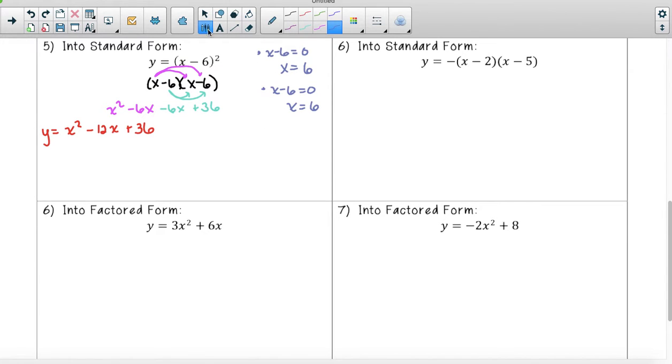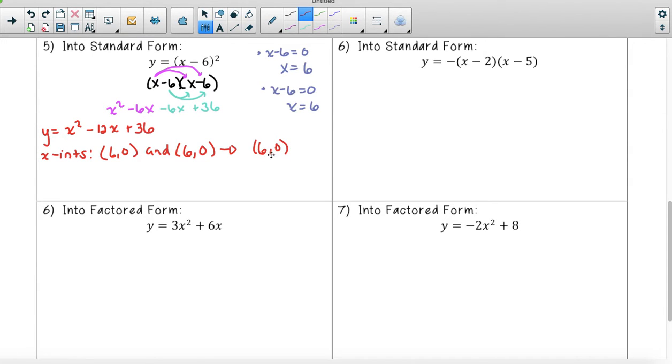Then our y-intercept comes from our constant, and we can determine if it's a min or max from the a value from the beginning of either factored form or standard form. So our x-intercepts are at 6, 0 and 6, 0, which you could just rewrite as just the one x-intercept at 6, 0.